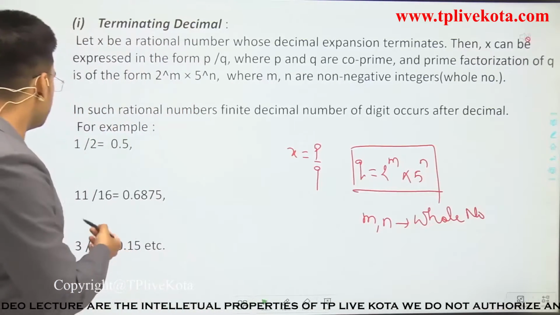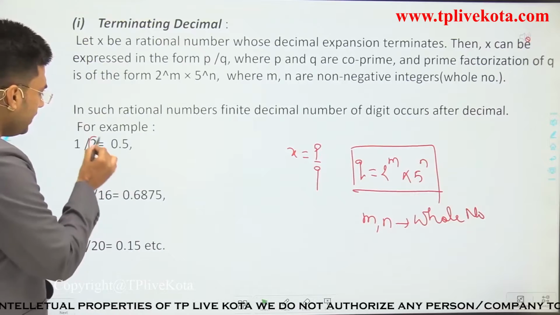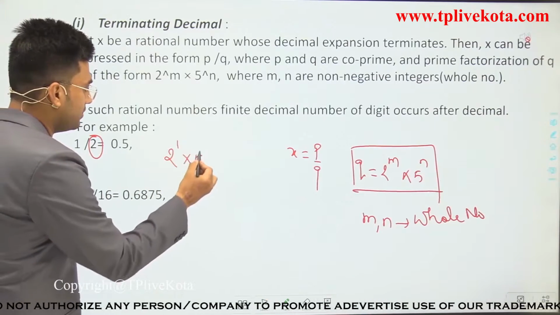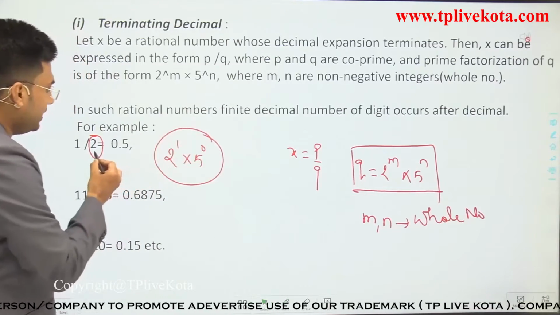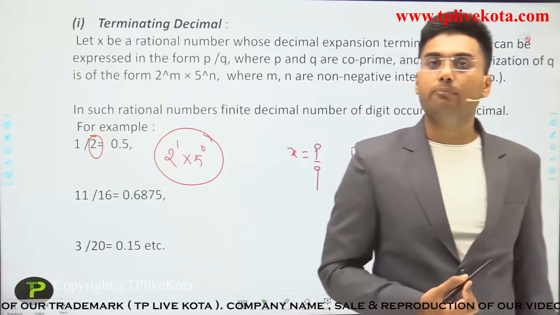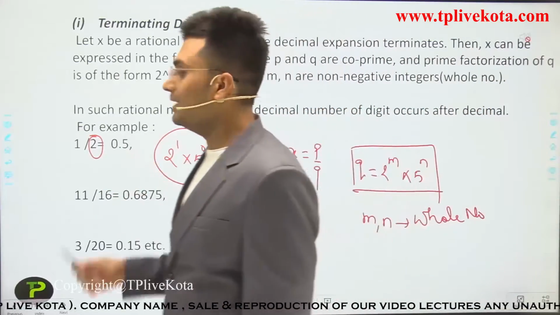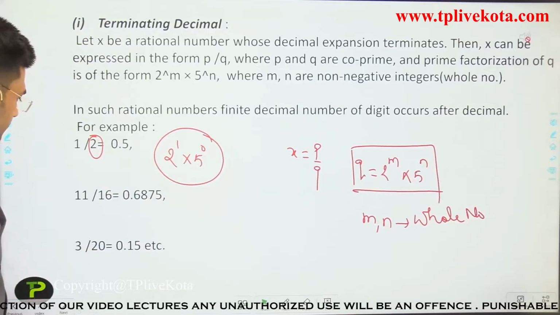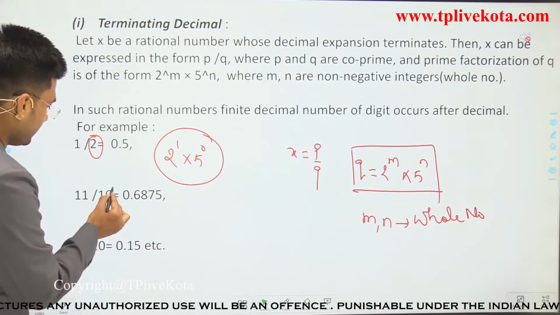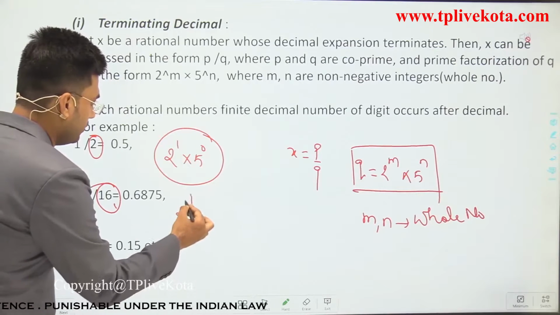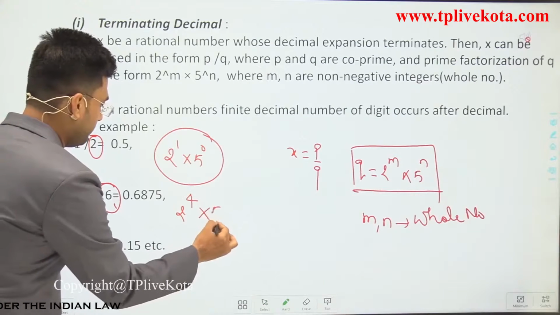For example, 1 by 2. Here the denominator is 2, so we can write it as 2 into 5 power 0. So the denominator is in the form of 2 power 1 multiplied by 5 power 0. So it is a terminating decimal and the value of this is 0.5. Now 11 by 16. Here we can write 16 as 2 power 4 multiplied by 5 power 0.